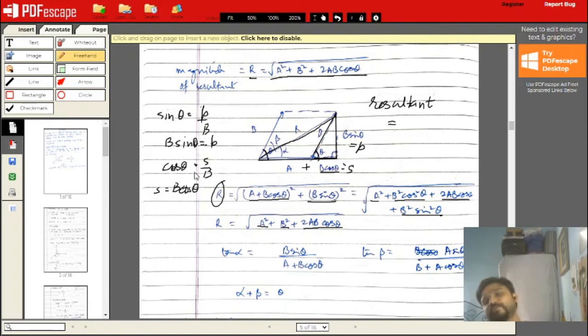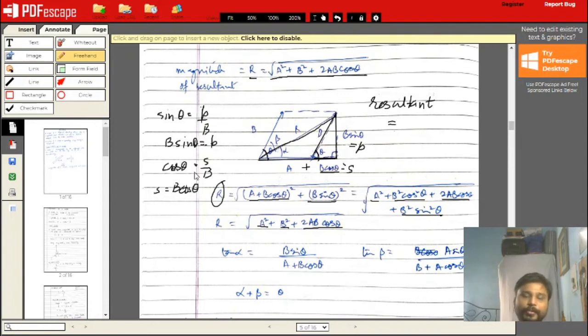From now on, if you know any two vectors, A and B, and their angle, you can use this formula to find the magnitude of the resultant vector. That is the square root of A square plus B square plus 2AB cos theta. Then we have to find alpha.